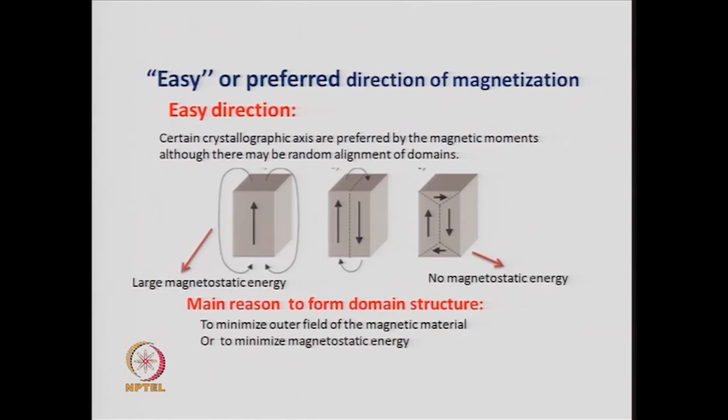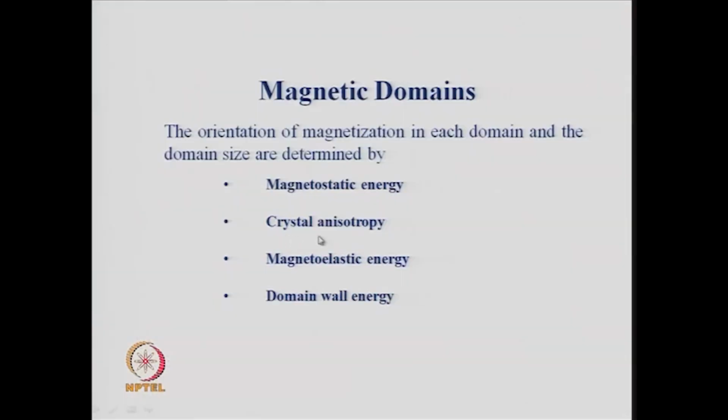That means in some solids, along one of the directions you may have some energy, because there are certain atoms along this direction and different atoms in other directions. The forces between these atoms in the crystal structure may be different from the forces in this direction, and this difference in the energy in the crystal lattice along different axes is called the crystal anisotropy.